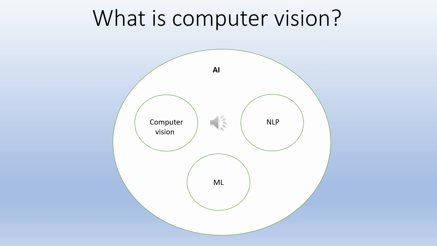In this playlist we will be discussing computer vision, where we want the machine to analyze video or images and get insights from them as a human being would. So let's proceed with computer vision.